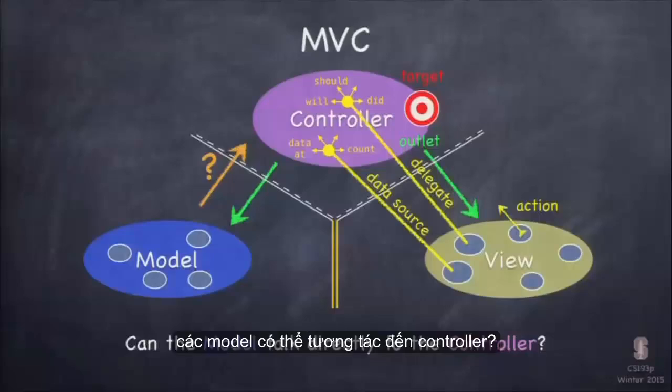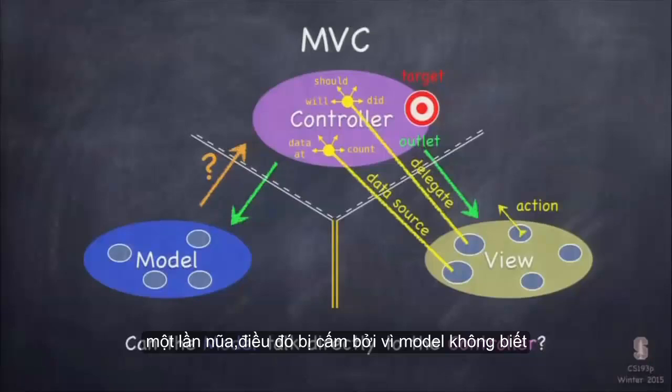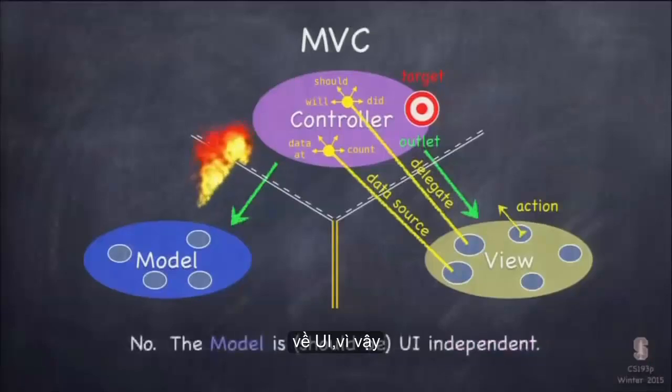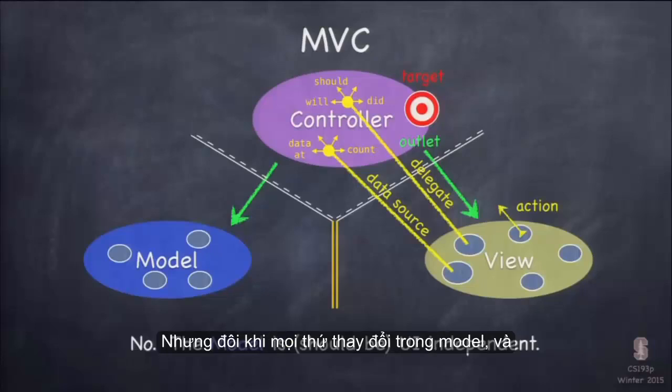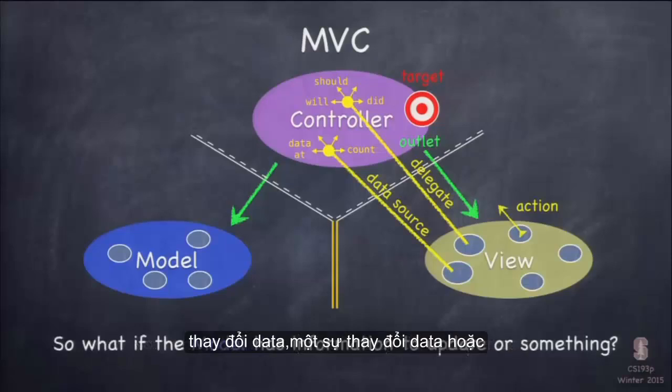What about this communication? Can the model talk to the controller? Again, obviously that's verboten because the model knows nothing about UI, so it couldn't possibly talk to a UI object like the controller. But sometimes things change in the model, and the controller needs to know about it. Okay, a database changes, or the model is some network database, and somebody changes something on the network, and the controller needs to find out.